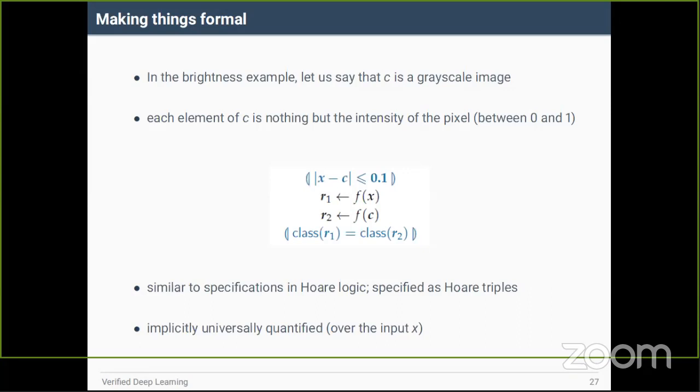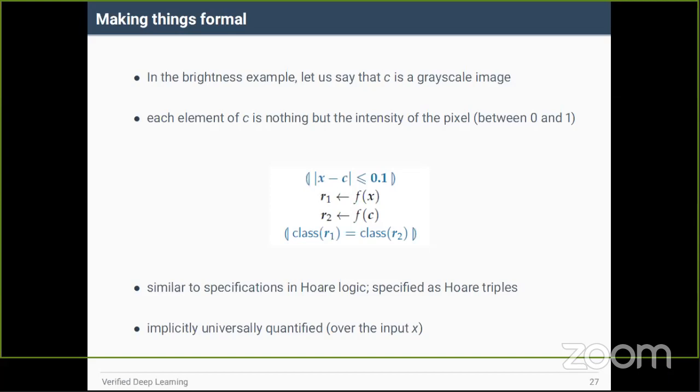If you are aware of Hoare logic, or even if you're not, we'll talk about it in more detail later. The way of writing this is this pre-post style, where the absolute value of x minus c less than or equal to 0.1 is the precondition, the classes being equal is the postcondition, and R1 is f of x and R2 is f of c is what the network is actually computing.